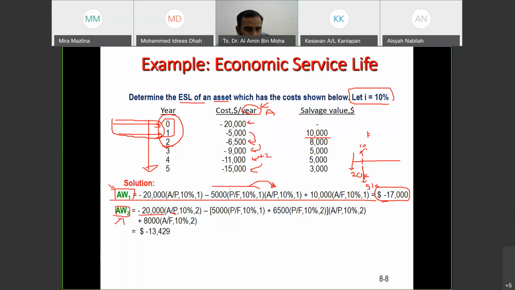And we minus 5,000 for year 1 and 6,500 for year 2. We find the P, as this is F in this specific situation, and then we transform them to A, with N is 2, and then plus 8,000.